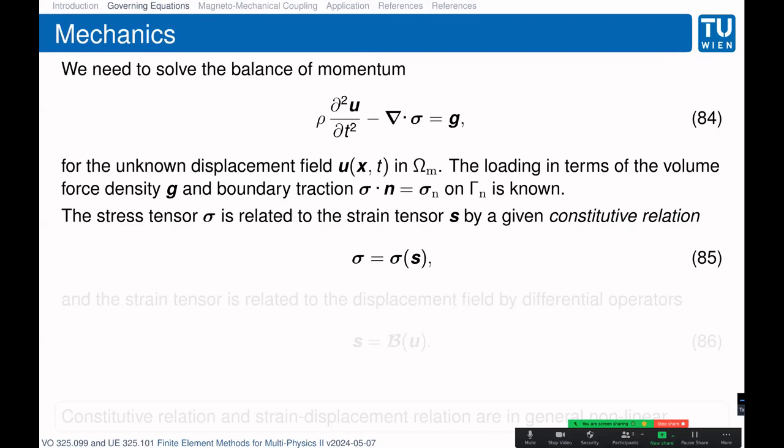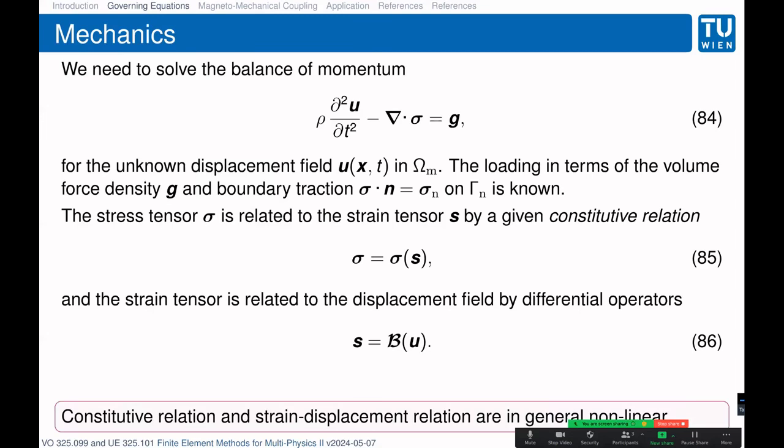Then we have the stress tensor here, where our material law enters via a constitutive relation that can in general be nonlinear. And in the linear case, we have the linear strain-displacement relation with the common B operator that relates our displacement field to our strain field. Yeah, but in general, everything is nonlinear. For the sake of simplicity, we can linearize here.